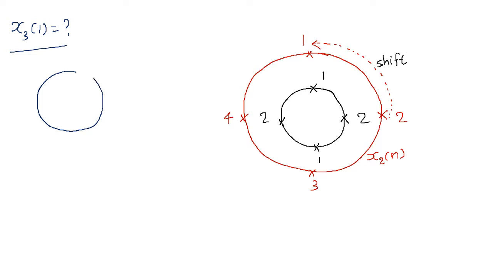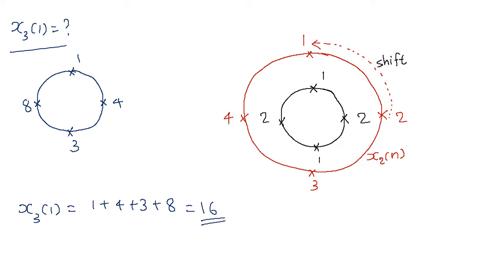Once we represent both signals on the circle, we obtain the product sequence. So 2 into 2, 4; 1 into 3, 3 here; 2 into 4, 8 here; and 1 into 1, 1 here. Then we find the sum, giving x3 of 1 equal to 1 plus 4 plus 3 plus 8 equals 16.